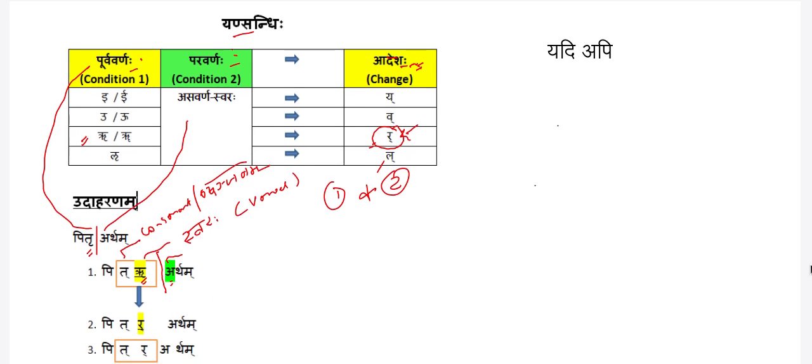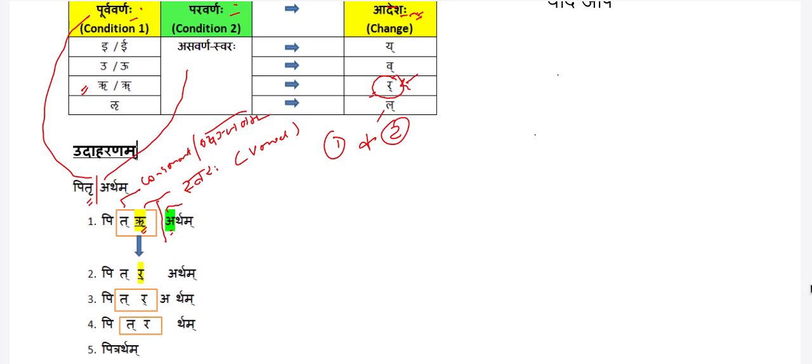So the remaining letters in both the words would be unchanged. So we have P, we have Takaraha, and this Rikaraha gets changed to Repaha. This is the only change that takes place. Remaining things all same. Once this is done, we have this Repaha and we have Akaraha.